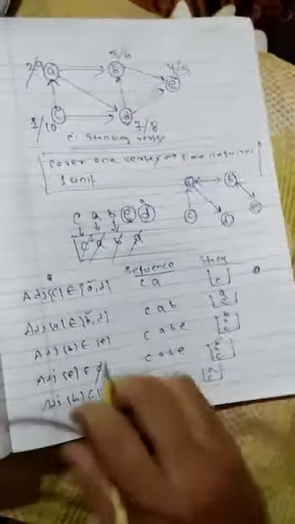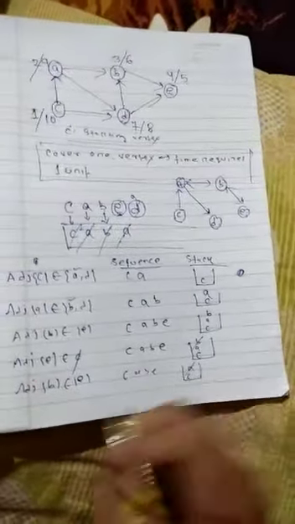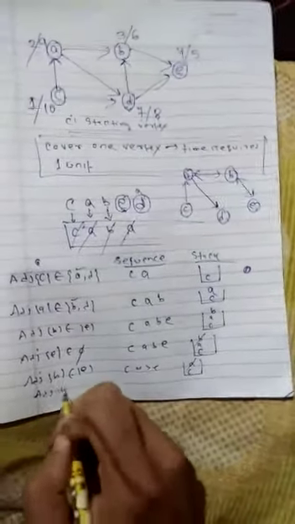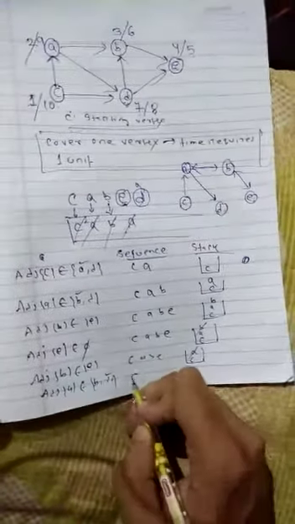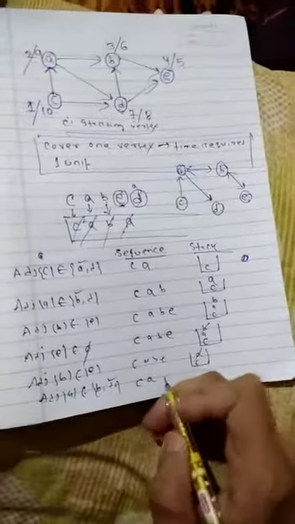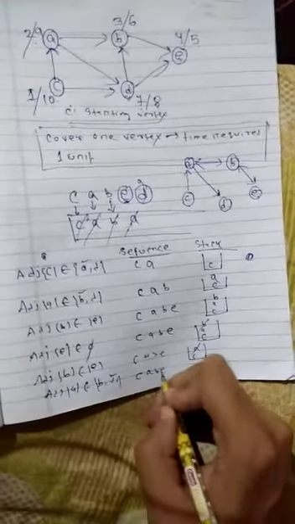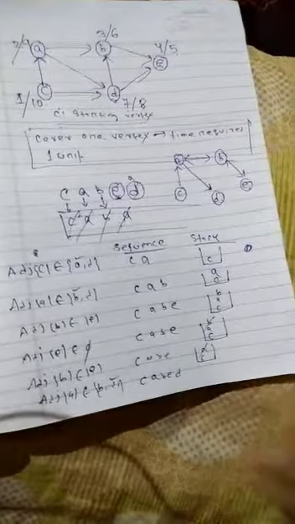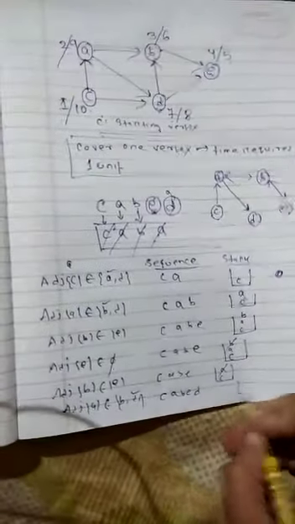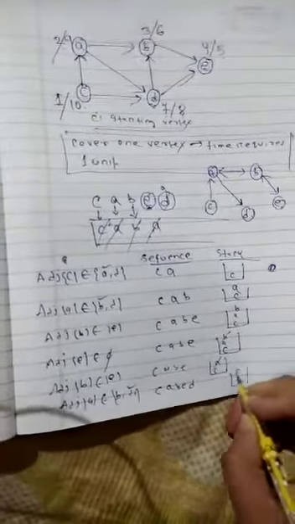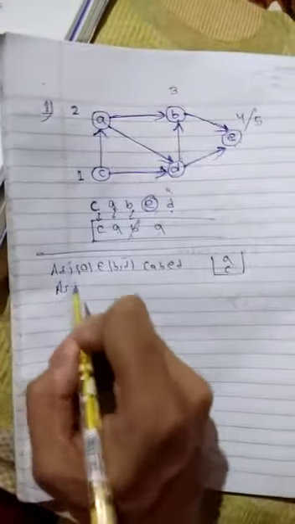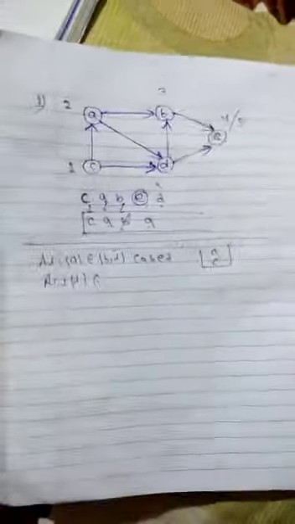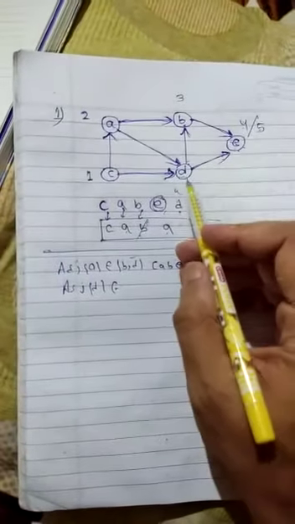C, A is there. Then A will be popped out and we calculate the adjacent of A. What is the adjacent of A? B and D. So you have to consider D. That means the sequence is C, A, B, E, then D, and the stack content is again C and A. So after this step we consider the adjacent of D. What is the adjacent of D here?